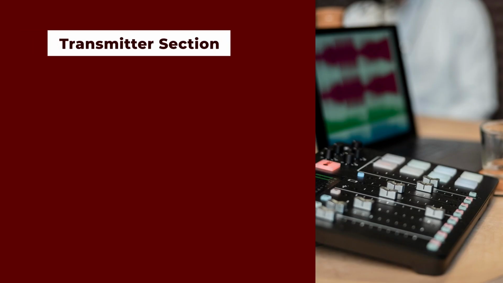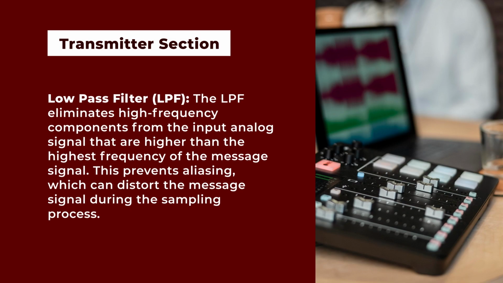The transmitter section of the pulse code system includes the following components. The first component is the low pass filter, which is shortly called LPF. Then next is the sampler, then third is the quantizer, then the encoder. Now let's discuss the first component, that is the low pass filter.